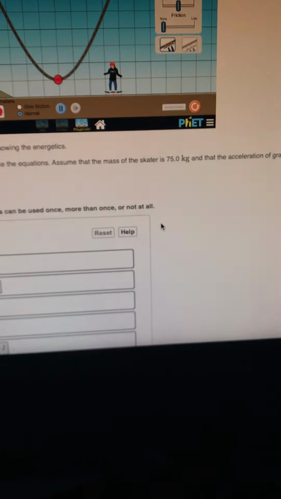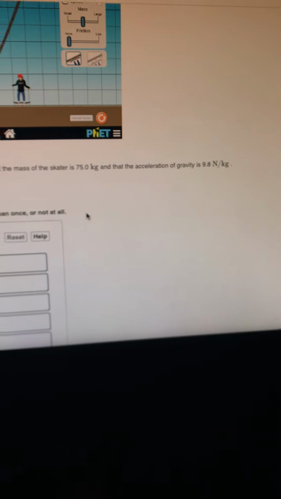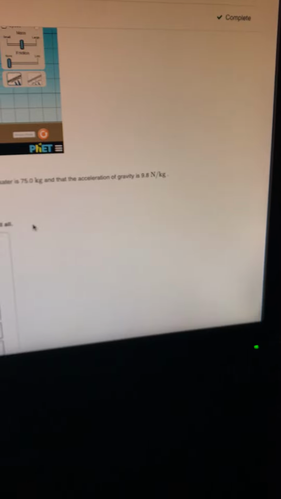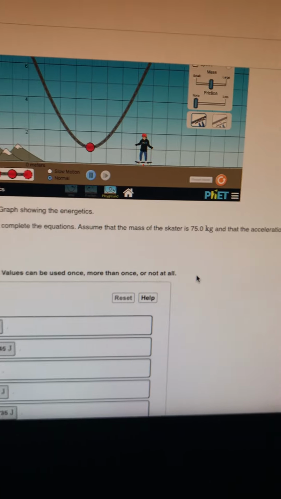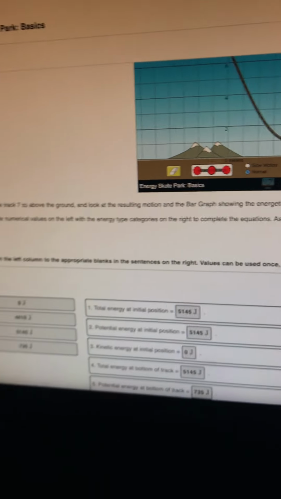Assume that the mass of the skater is 75 kilograms and that the acceleration of gravity is 9.8 meters per second squared, or newtons per kilogram.